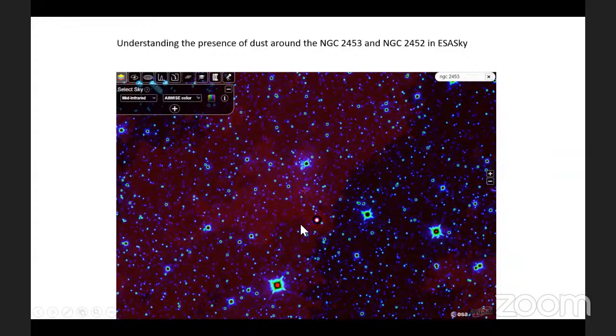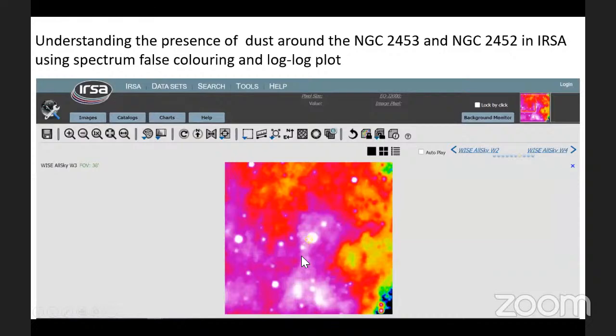So I did a log plot of the star cluster and the planetary nebula, and you can see the clear, huge amount of dust, because a log plot actually makes the dust, the fainter sources, much more prominent. So it is more clear in this image actually.